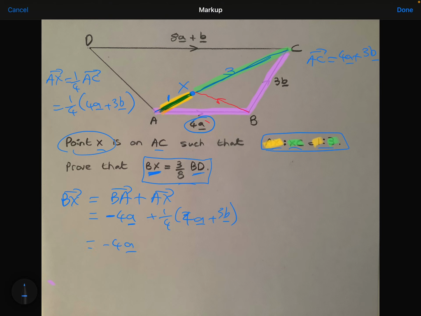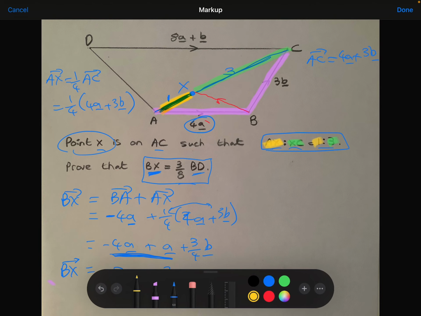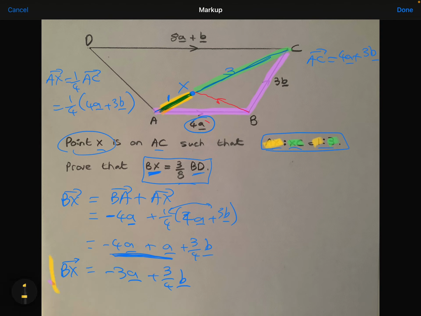The 1/4 of 4A will just be A, and the 1/4 times the 3B will be 3/4 B. I can also collect up these two like terms here, so I'll get minus 3A plus 3/4 B. And this is my expression for BX. Let me put a box around that. Right, so that's my BX.